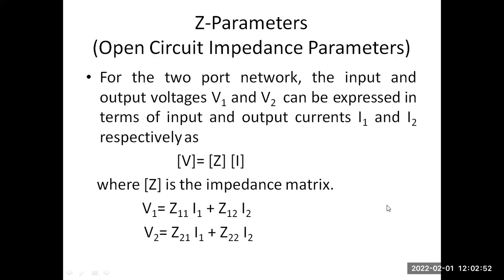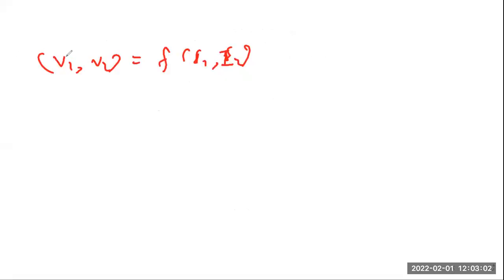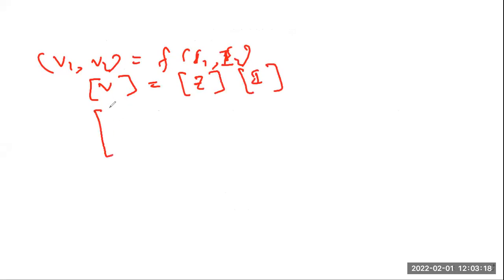So this is how these network parameters are related. Your V matrix is equal to your Z matrix into I matrix. The variables of the V matrix are V1 and V2: V1 is your input voltage, V2 is your output voltage.